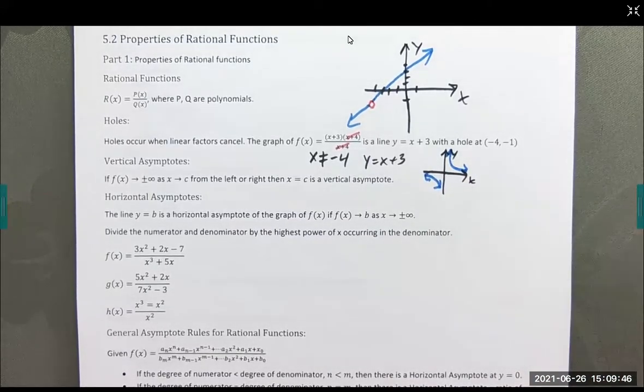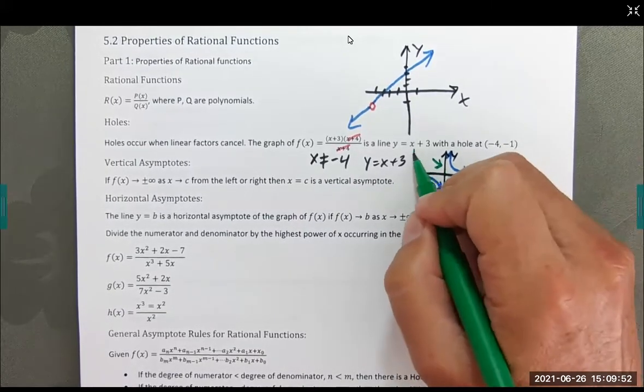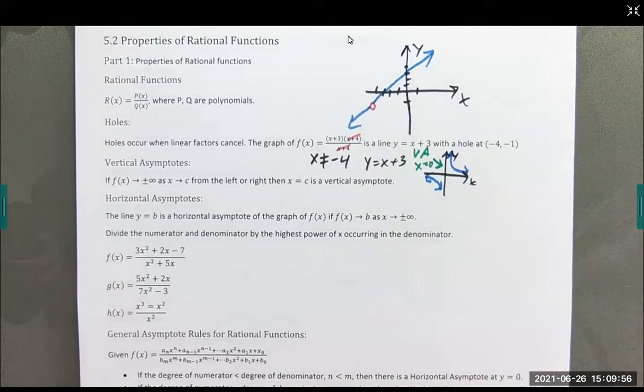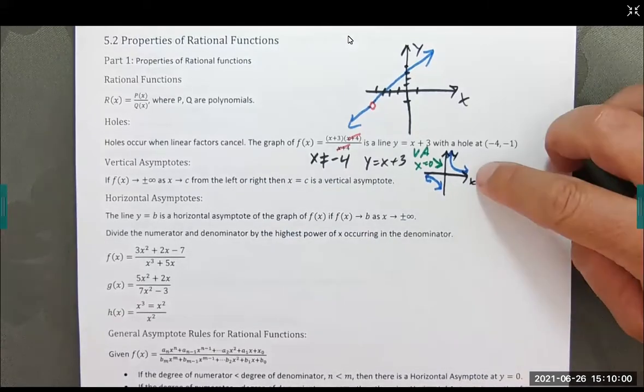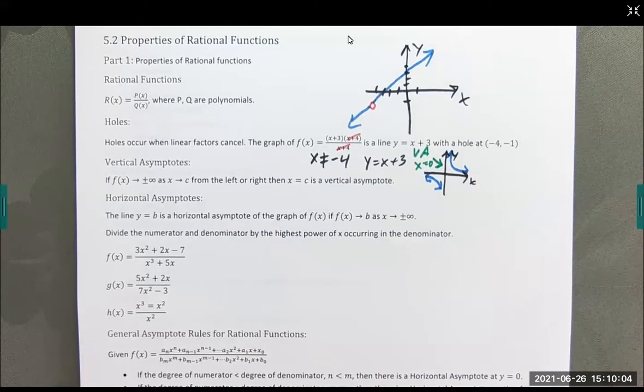That's x equals 0. So this is a vertical asymptote at x equals 0. Meaning the graph is going to get closer and closer and closer, either from this direction or from this direction, and it's going to go off to infinity or negative infinity, depending on which direction we're going. But that's what a vertical asymptote is.